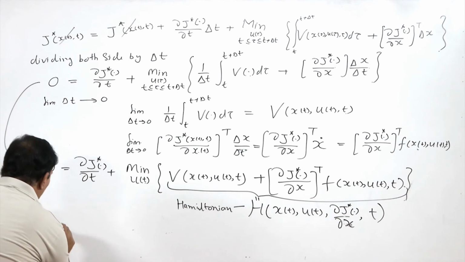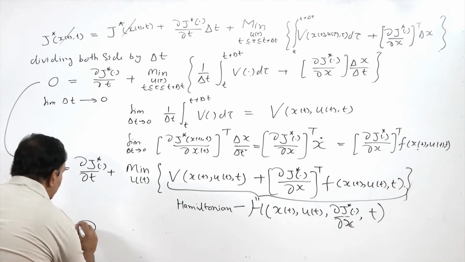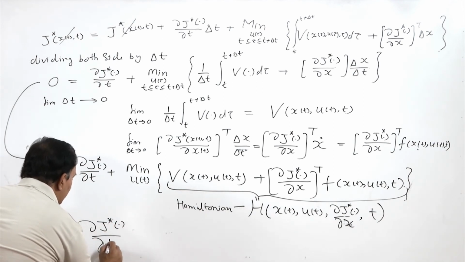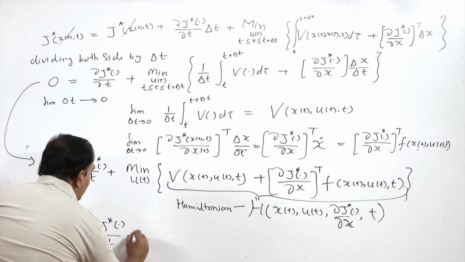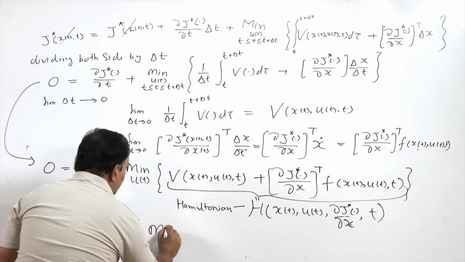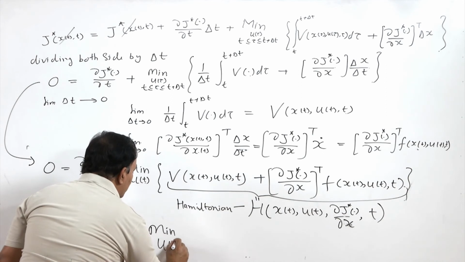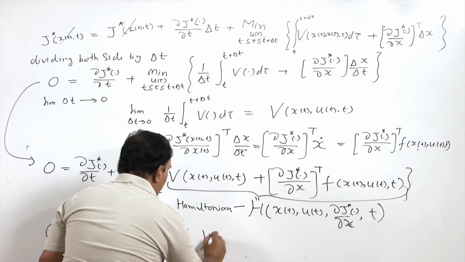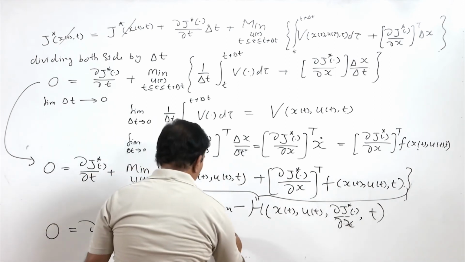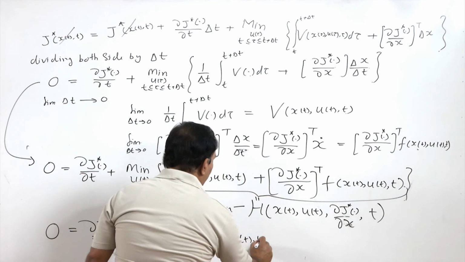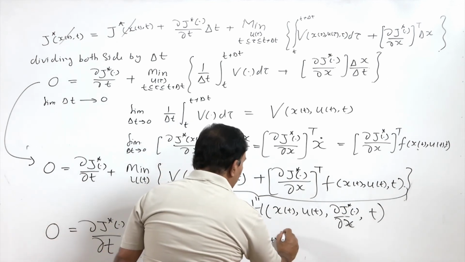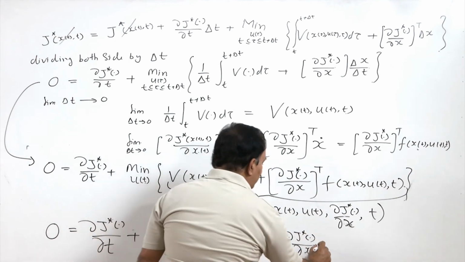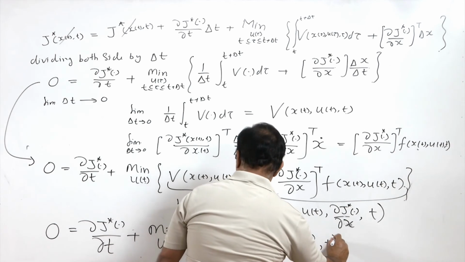I can write this equation simply as del j by del t plus the minimum over u of h of x, t, u, t, del j by del x and t.